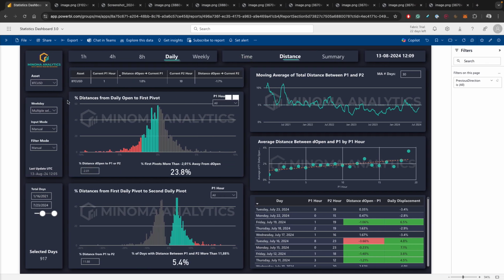Again, this shows the distances from daily open to first pivot, right? Not to P2, to first pivot. And the reason we're doing this is because we're going to derive the estimated probability of P1 holding by looking at how likely it is that a P1, P2 flip will occur.